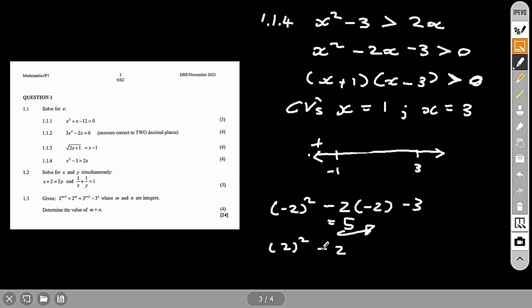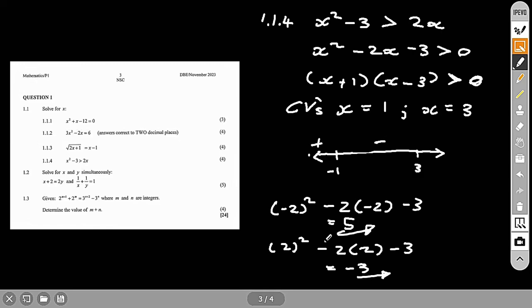You really don't need to write this in a question paper, to save time. It has no marks. I'm just doing it to show how we arrive at the answer. We get -3. So here we got a positive, here we got a negative.